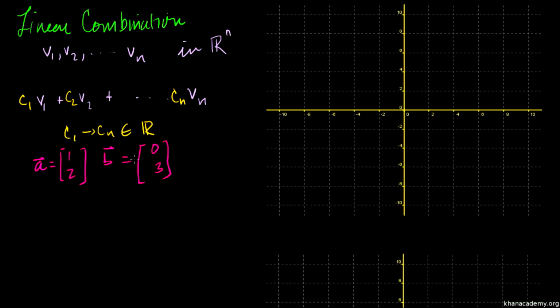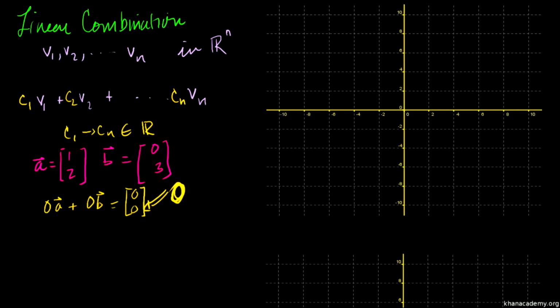What is a linear combination of A and B? It could be any constant times A plus any constant times B. It could be 0 times A plus 0 times B, which would be the 0 vector, and that is a completely valid linear combination. We denote the 0 vector by a bold 0.